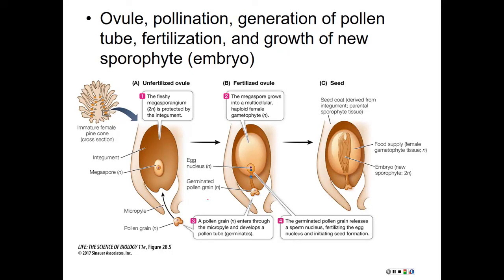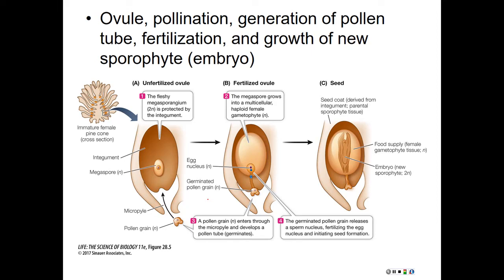So the whole point here is that we want pollen to make its way to the ovule and to undergo the process of pollination. Transfer of pollen to the area where the ovules are.